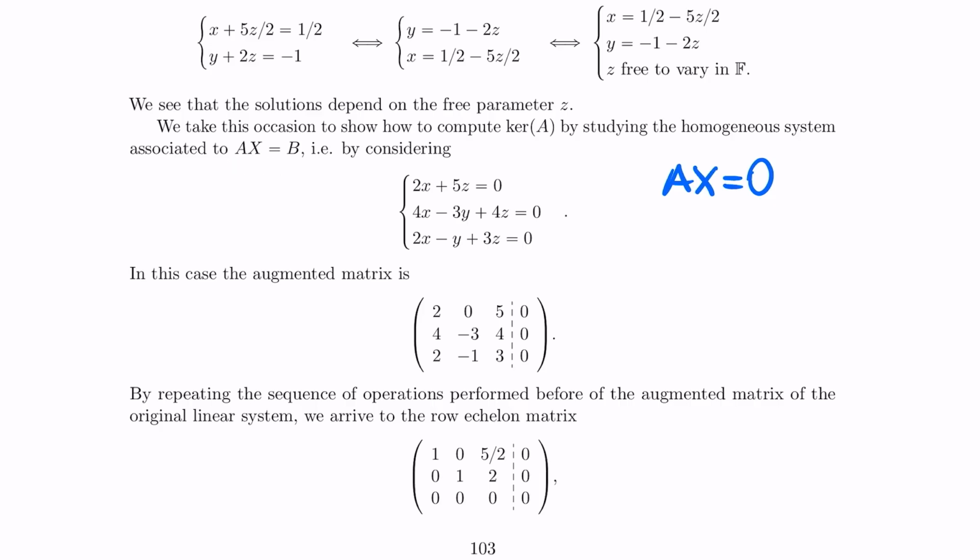Now, in matrix form, the homogeneous linear system can be written like this, and its augmented linear matrix is this one here. If we repeat on this matrix the sequence of operations that we have used before in order to reduce to echelon form the augmented matrix of the original system, we obtain this matrix here.